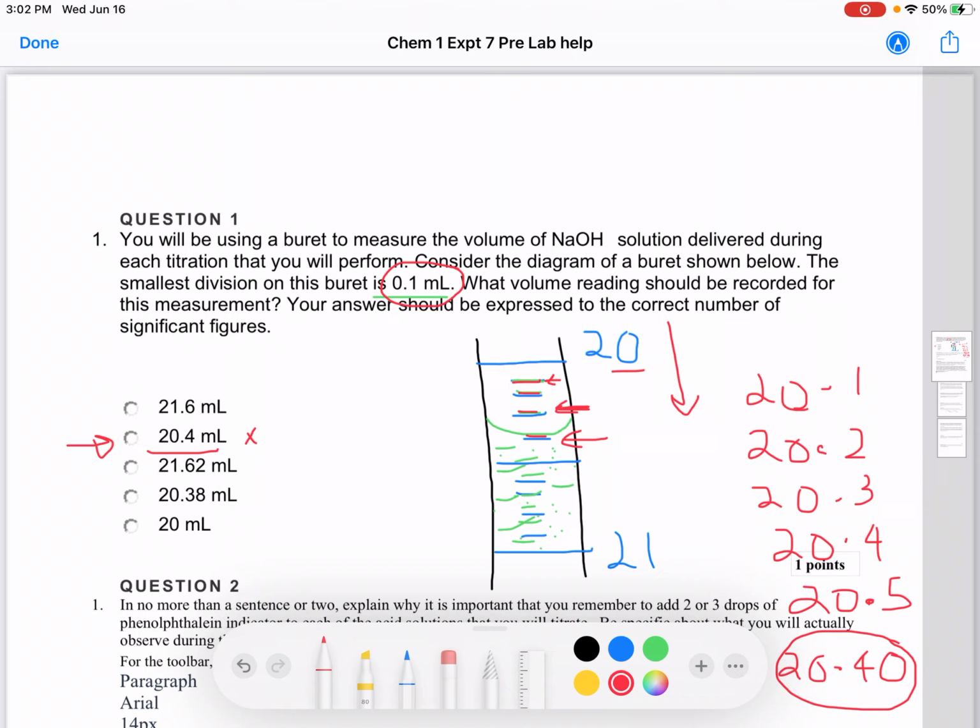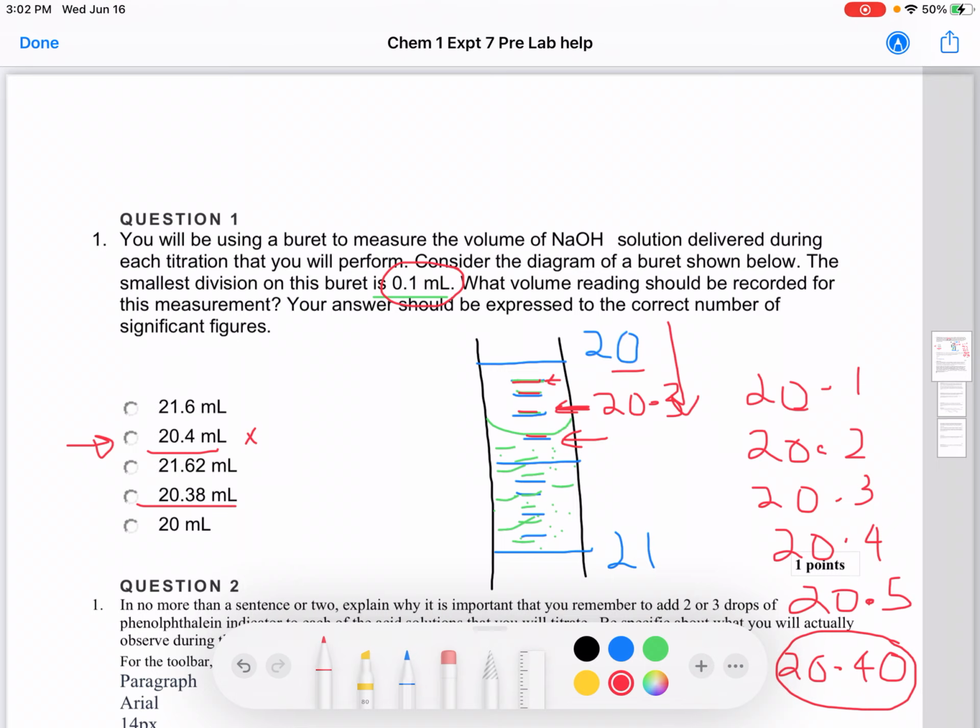So what is closest has to be up to 2 decimal places. This is 20.3 here, so it should be 20.3 plus another number. The closest would be 20.38 because of that. Remember, it's not 21.6, not reading from the bottom to the top.